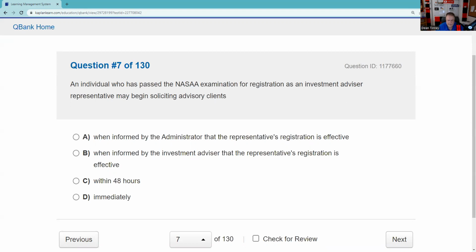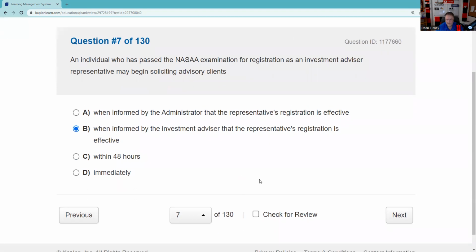That sounds pretty good. When informed by the firm, now it's not the firm that decides that. It's the administrator that does it, but the administrator is not going to inform you. The person who's going to inform you is your firm, right? So I'm going to say B.